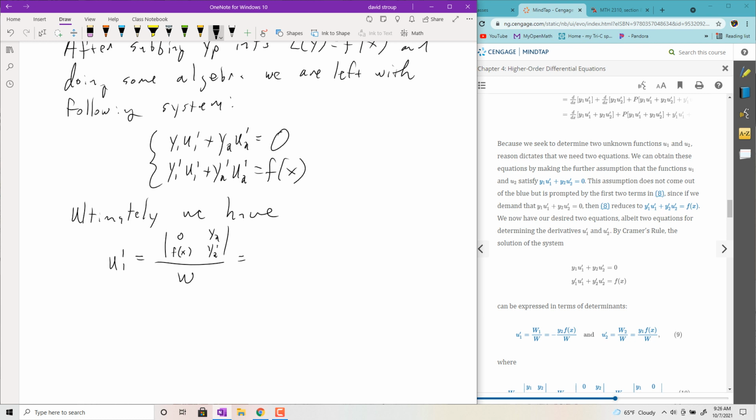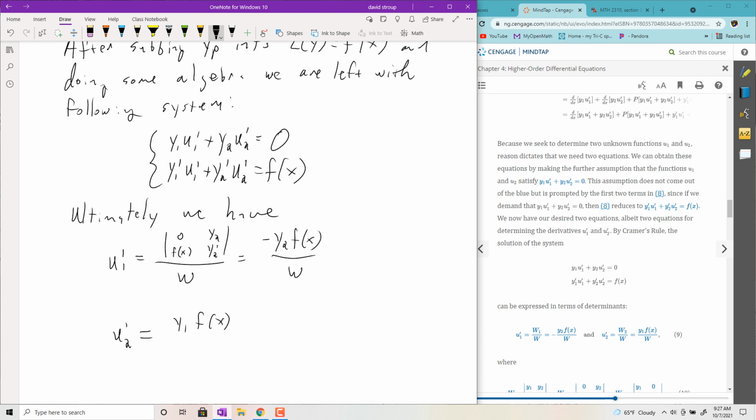What this turns into, if you go on the diagonals, 0 times y2 prime is just 0, and then minus y2 f of x, all over the Wronskian. And then to get u2, you just solve this next equation. Similarly, you'll have a determinant on the top, but ultimately, if you do the determinant, you'll just get y1 f of x.